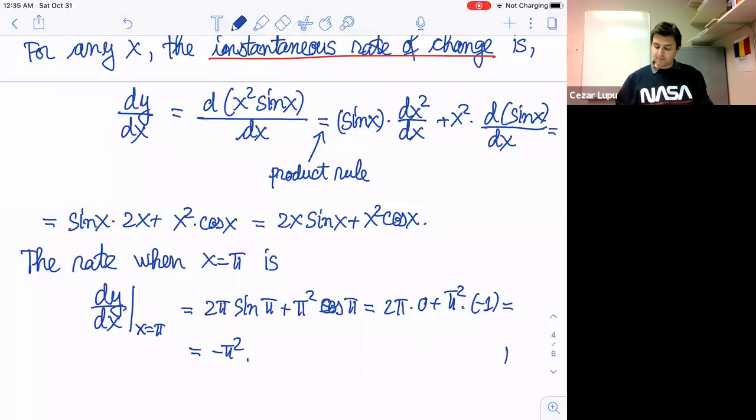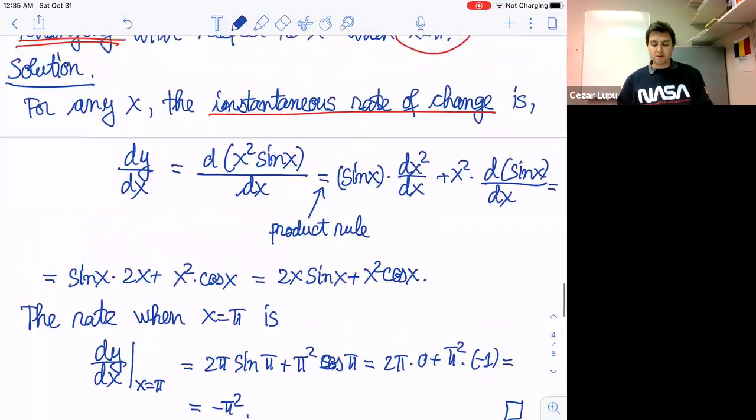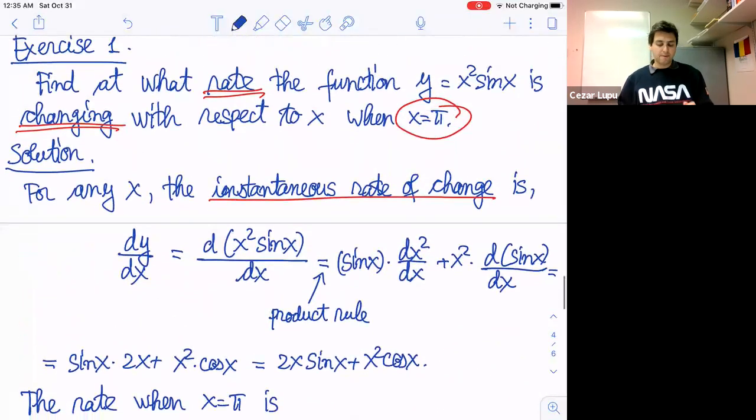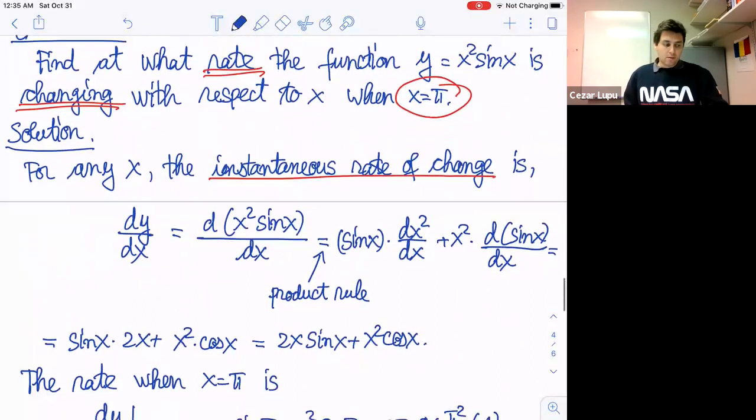And that's it. That's the end of the problem. As you can see, it's pretty straightforward. So when you are asked at what rate a function is changing with respect to x, when x equals some number, then you will think about the instantaneous rate of change. All right. So that was exercise 1.